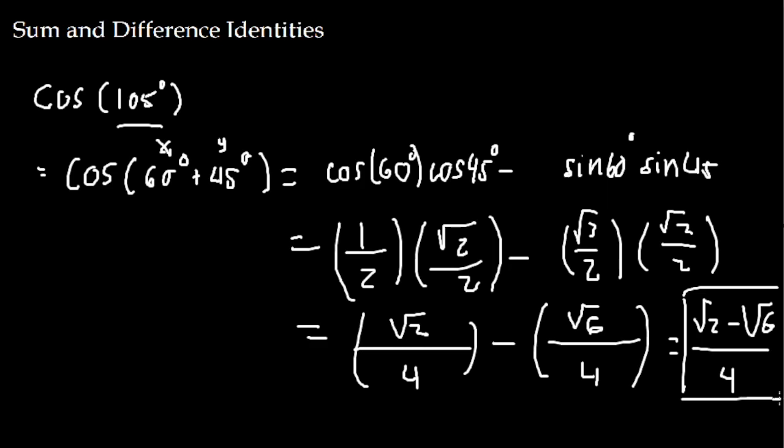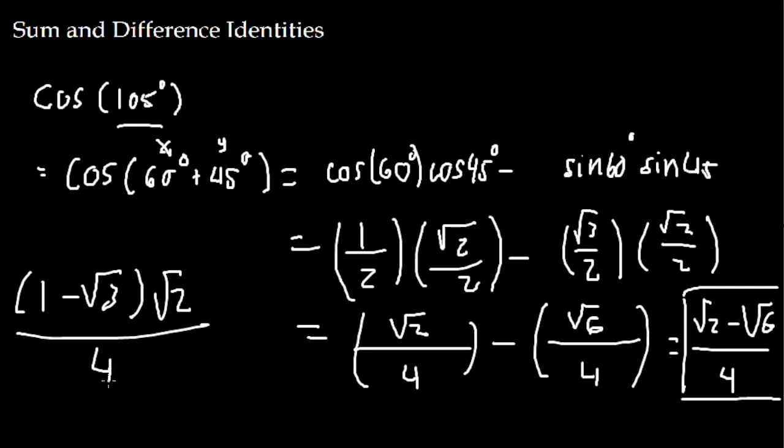It's just the same. Or kung minsan lalabas sa calculator nyo is just 1 minus square root of 3 multiplied to the square root of 2 over 4. It's just the same. Distribute square root of 2. Square root of 3 times square root of 2 is square root of 6 over 4. Distribute, then distribute, and then you'll eventually get the same result.